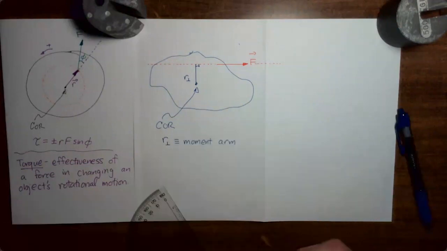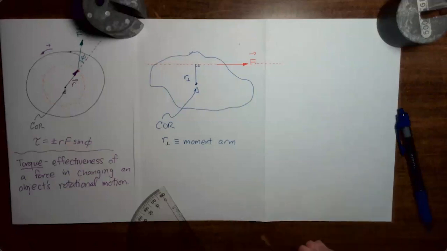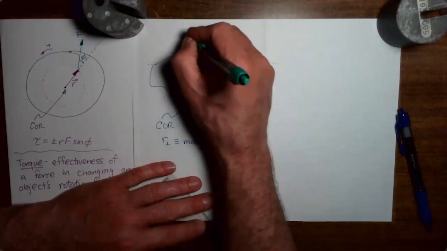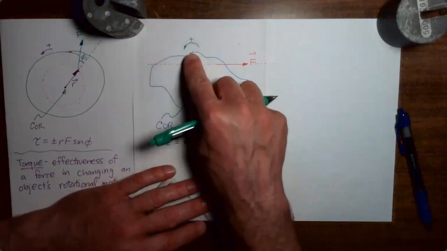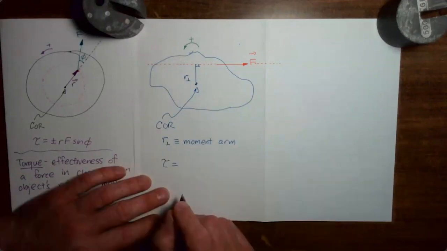Now, before we go to the formula for torque, we want to introduce a sign convention because we're going to use the sign convention plus or minus to distinguish between clockwise torques and counterclockwise torques. So I'm just going to come into the figure and show an arrow looking counterclockwise with a little plus sign. This will indicate that we're taking counterclockwise torques to be the positive ones.